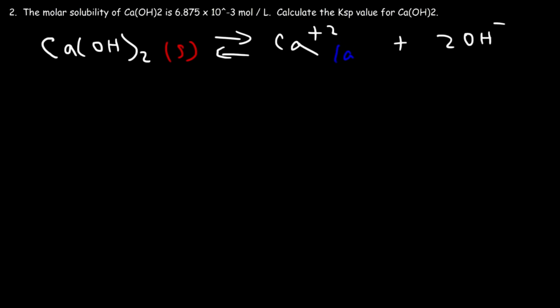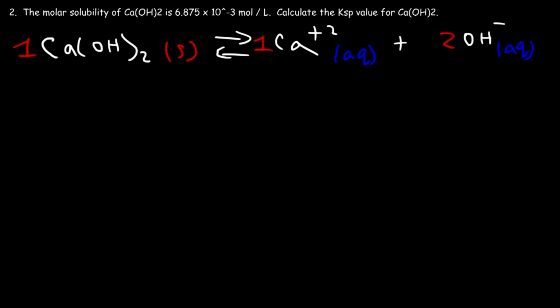And so these are in the aqueous phase. Now pay attention to the molar ratio. So we have a 1 to 1 to 2 molar ratio. So with this reaction, go ahead and calculate the Ksp value for this substance.